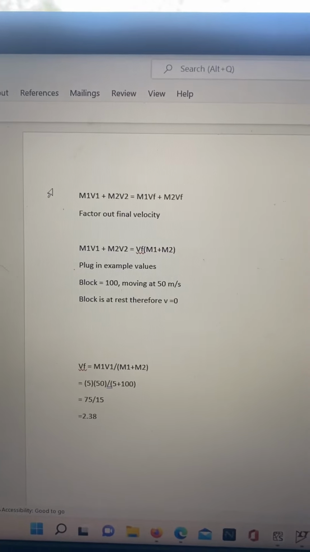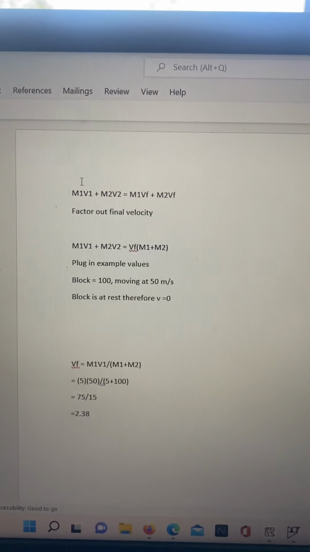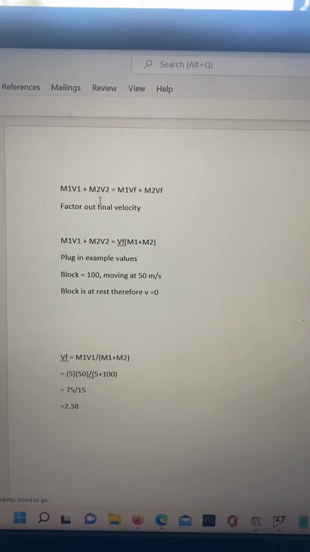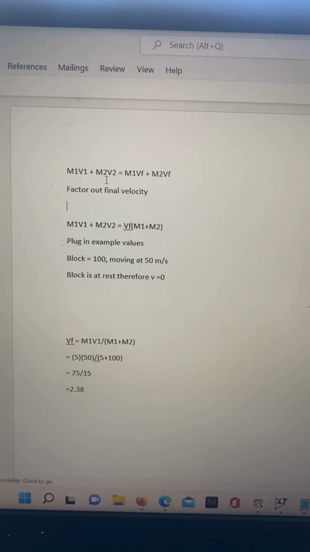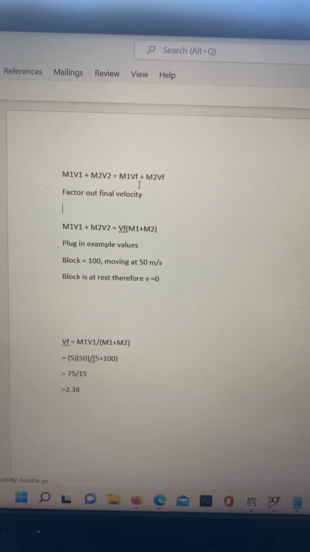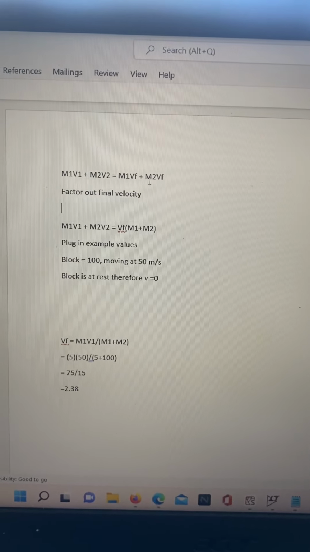Word and show the equation for momentum. So here we have M1V1, not momentum, but inelastic collision. We have M1V1 plus M2V2 equals M1VF plus M2VF.